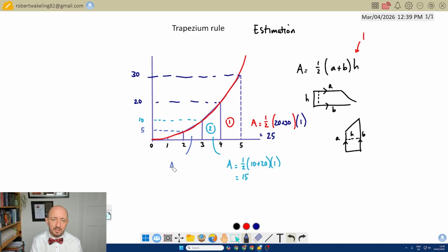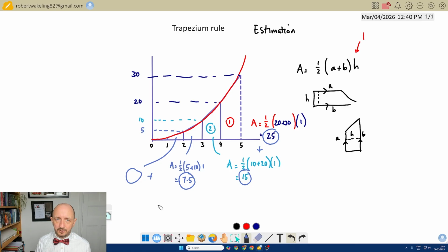It doesn't take very long once you see the patterns. 5 plus 10 times by 1, 7.5, half of 15. Okay, and once we've done all 4 strips, we just add them, the 25, the 15, the 7.5, and then the final one there, add those together, and that will be my final estimation.